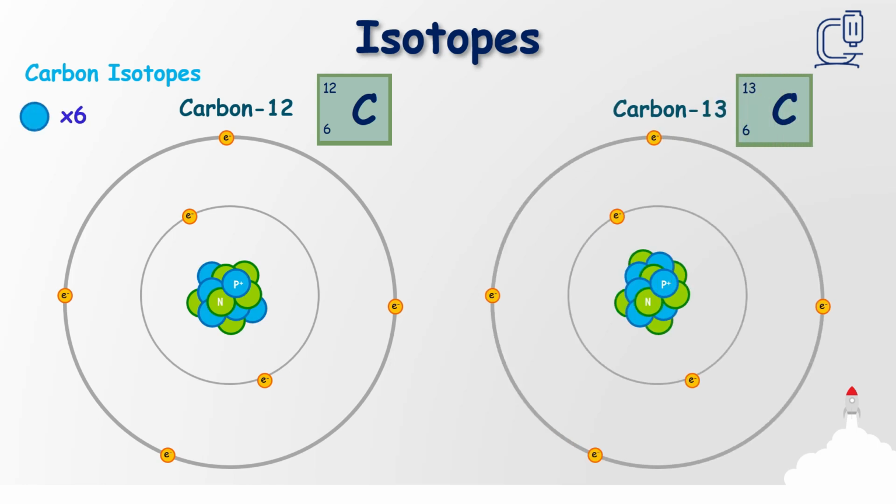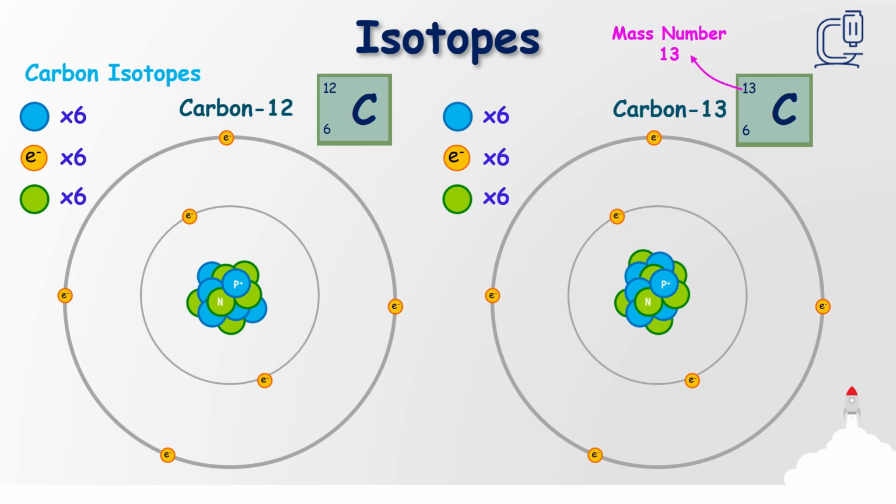Carbon-12 contains 6 protons, 6 electrons, and 6 neutrons, whereas carbon-13 still contains 6 protons, as it is carbon, 6 electrons, but has 7 neutrons, 1 additional neutron compared to carbon-12. This means it has a mass number of 13 rather than 12.